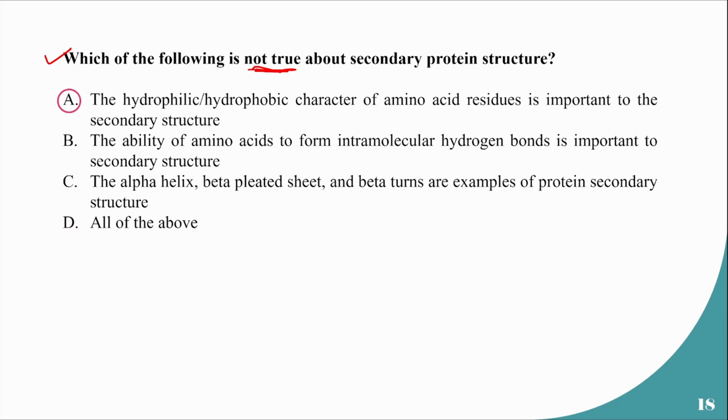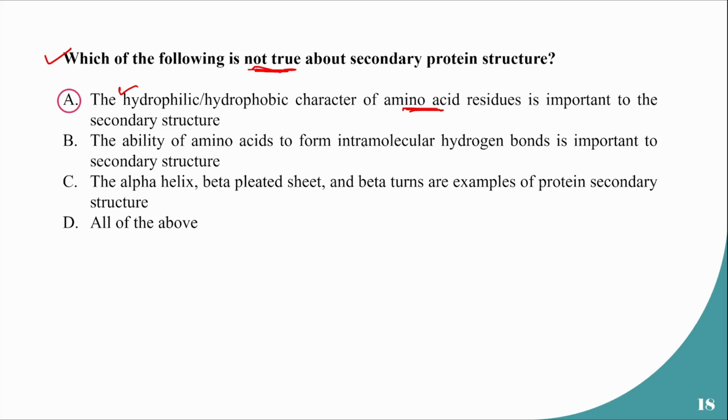So it should be A because, as we discussed as well, the hydrophilic or hydrophobic characteristics of amino acids generally come into play when forming the fold of the protein, the 3D fold or the tertiary fold. The secondary structures are important in stabilizing those folds, but the primary driving force for the folds is hydrophilic or hydrophobic, which does not essentially come up as the most important thing in secondary structure formation, right?